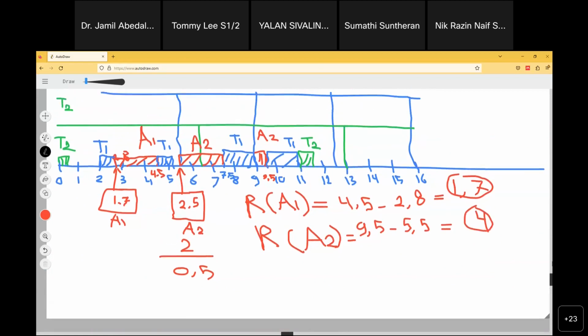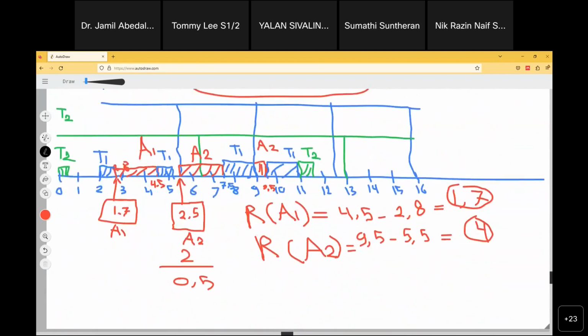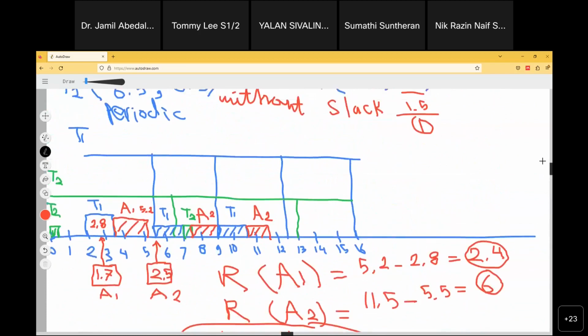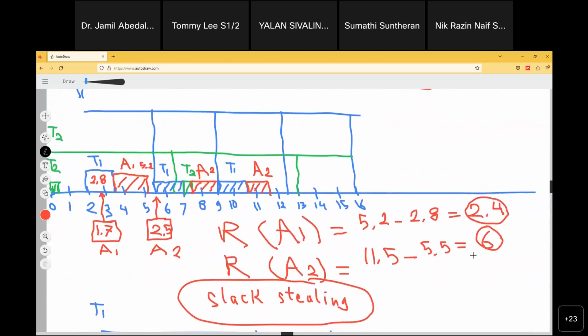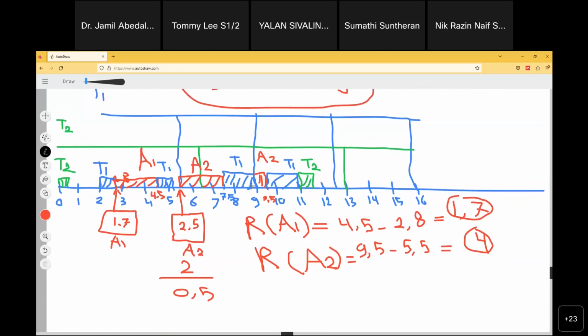As you see here, the response time of A1 was 2.4 without slack stealing, and with slack stealing it becomes 1.7, much better. For A2, the response time was 6 and becomes 4 with slack stealing. The main important point here is that we can repeat it at this unit.